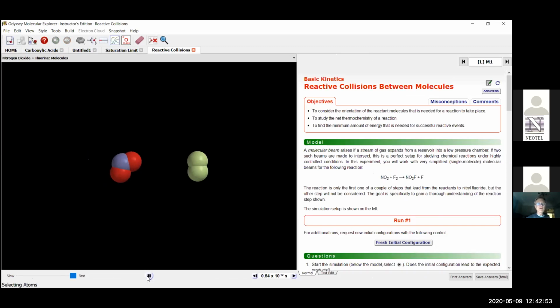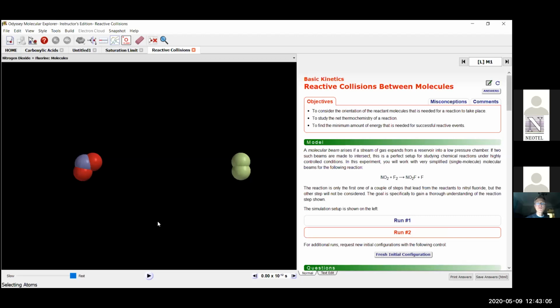If I run the simulation here, they will bounce off, because even though we put enough energy into the system, above the activation energy, the steric factor wasn't right. The whole lab is framed so that students are supposed to discover that through trial and error. And if I do it like this, here I'm getting a successful reactive event.